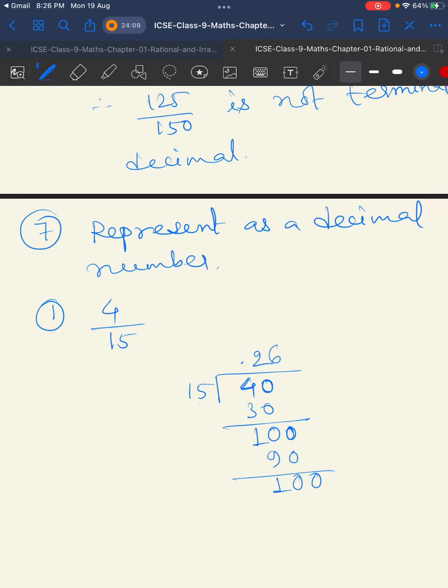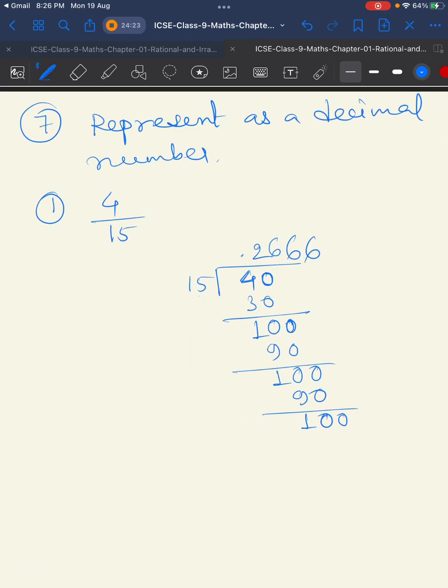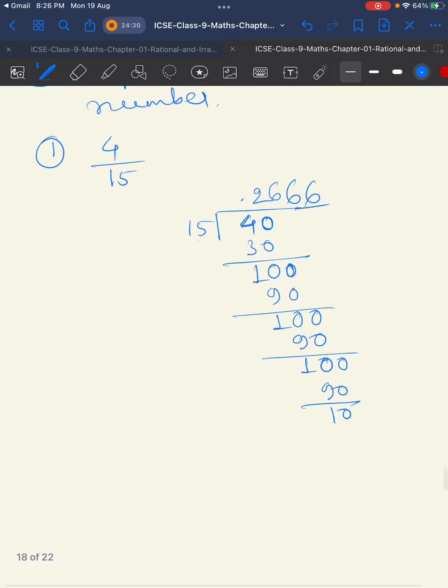Now we have 10, and we take 0 here, and again 15 sixes are 90.